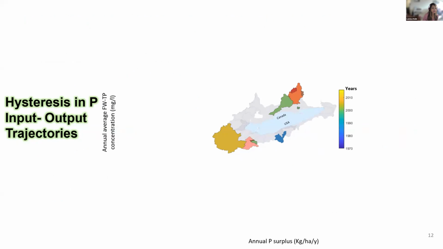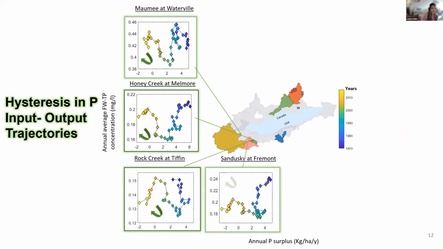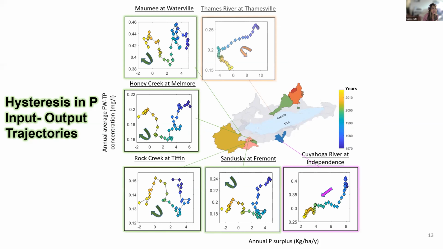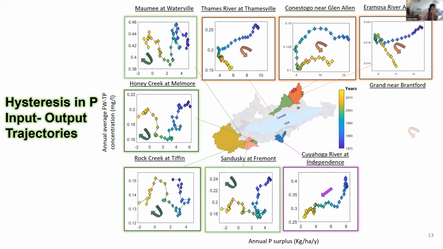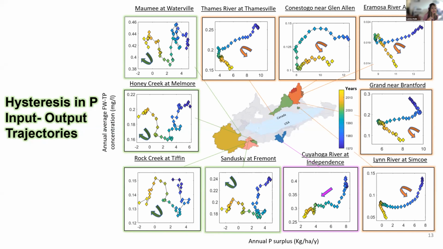Among them, 4 are fertilizer-dominant watersheds in the US, and one is a waste-dominant watershed, the Cuyahoga River, also in the US. We observed a clockwise hysteresis loop for fertilizer-dominated watersheds in the US. The rest, 5 in Canada, are livestock-dominated watersheds, and we saw the reverse of the fertilizer-dominated watersheds: anti-clockwise loops for livestock-dominated watersheds.